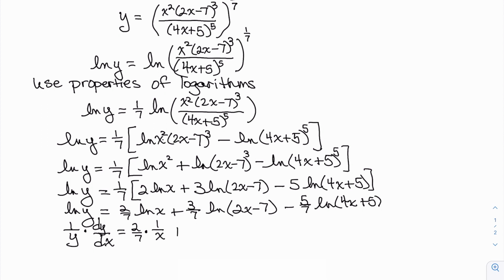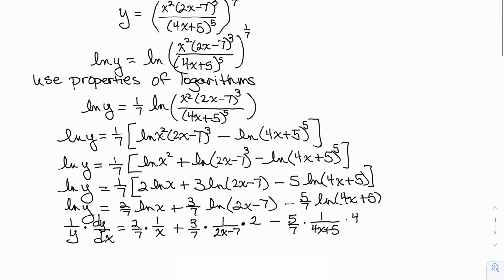And then plus 3/7 times the derivative of the natural log of 2x minus 7, which is 1 over 2x minus 7 times the derivative of 2x minus 7, and that derivative is 2. And then minus 5/7 times the derivative of the natural log of 4x plus 5, which is 1 over 4x plus 5 times the derivative of 4x plus 5, which is 4.